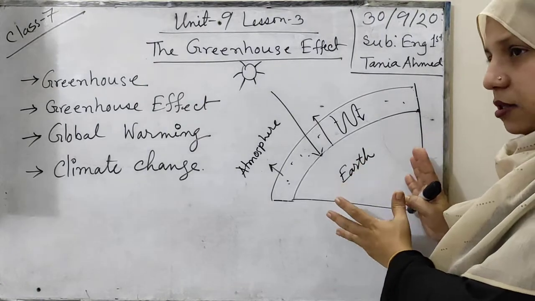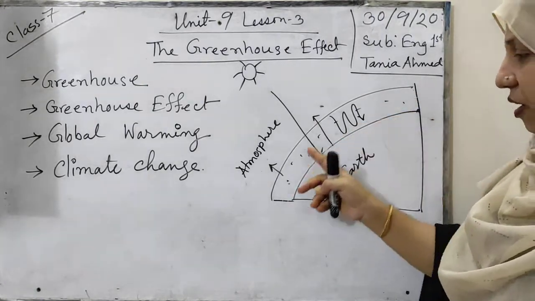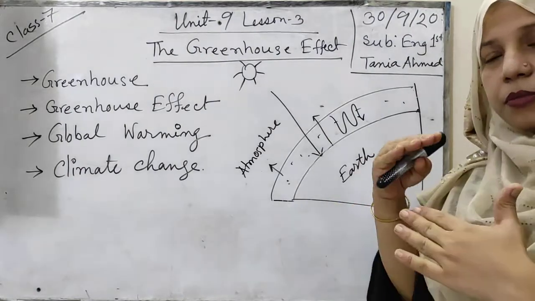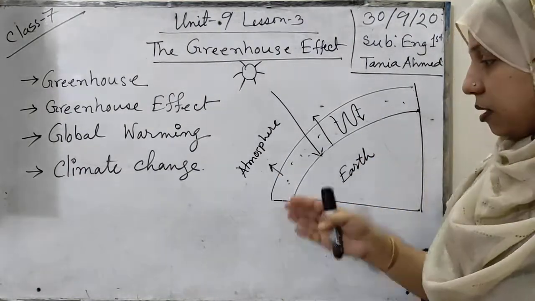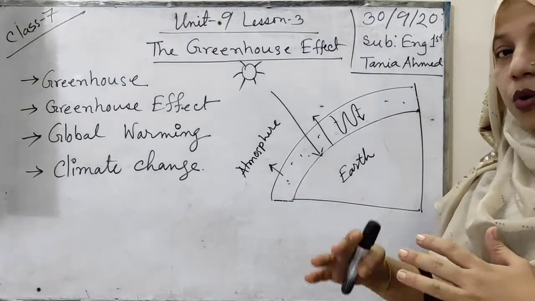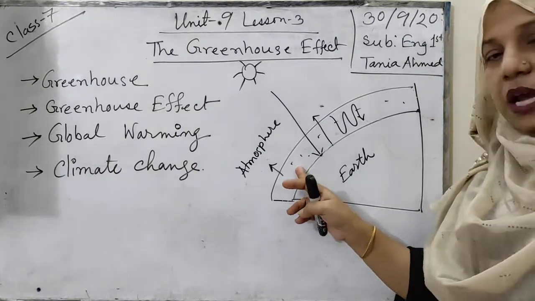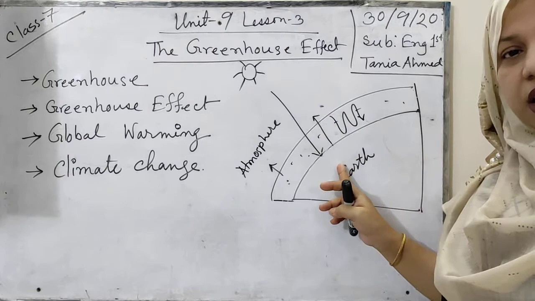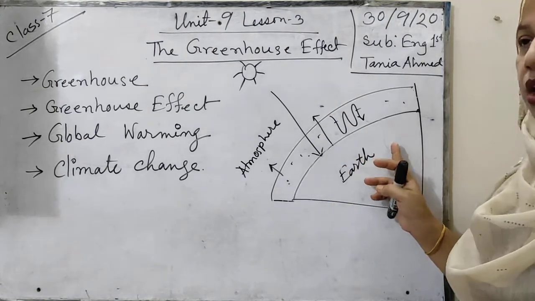But what happens when this atmosphere loses its proportion of components, the gases which are there in the atmosphere, it becomes more and more dense with those type of gases? Then what happens? More and more heat is getting trapped and our earth is getting hotter.